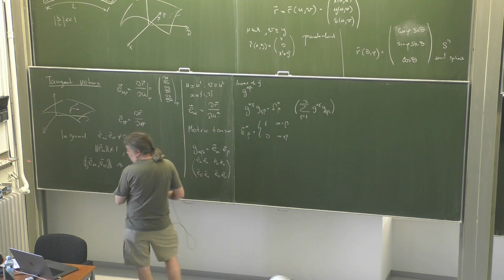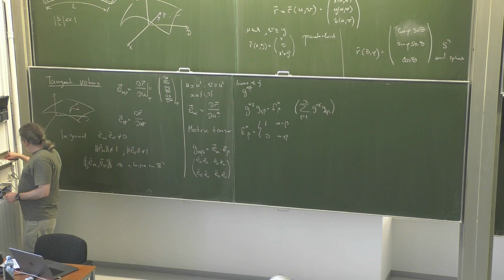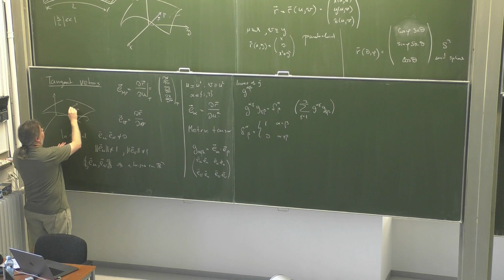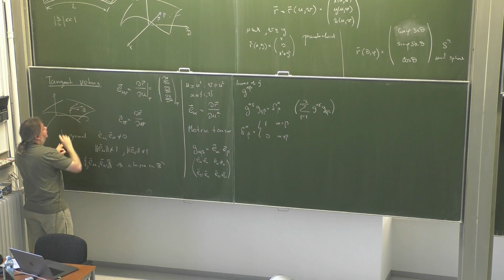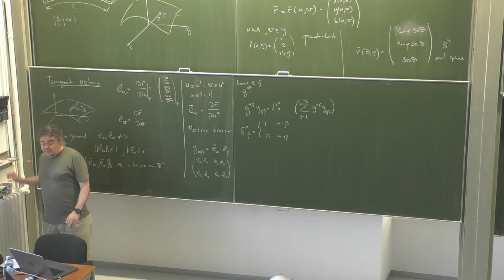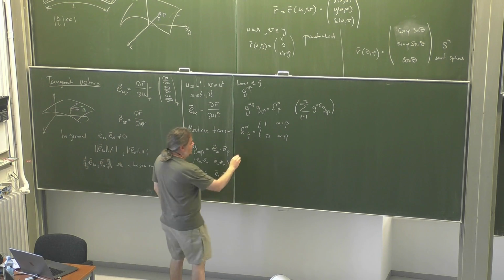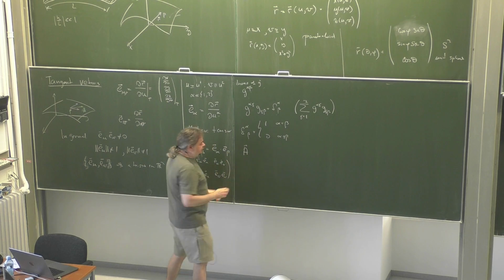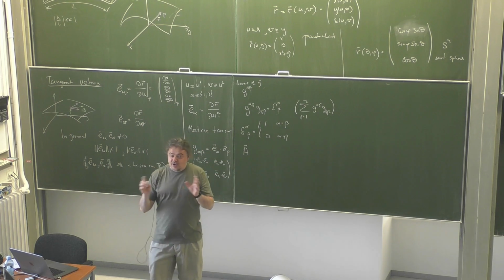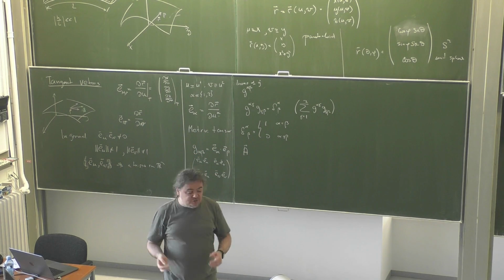Well, so a vector. So let's have a vector in here, right? So some kind of a vector, call it capital A. Now this vector, you can think of it in 2 ways, right? This is a little bit confusing in the beginning.